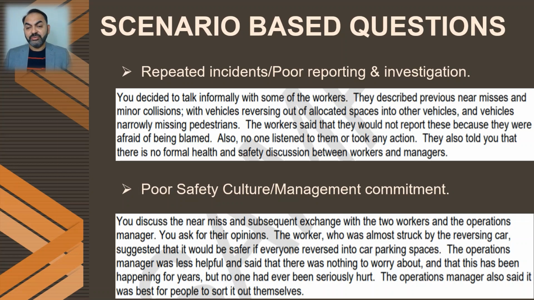It is clearly mentioned in the scenario that these kinds of incidents repeat many times and no action has been taken by management. So it shows again poor safety commitment, poor leadership, because nobody cares about these near misses. The repeating near misses are an indication of poor safety culture and poor safety behavior.